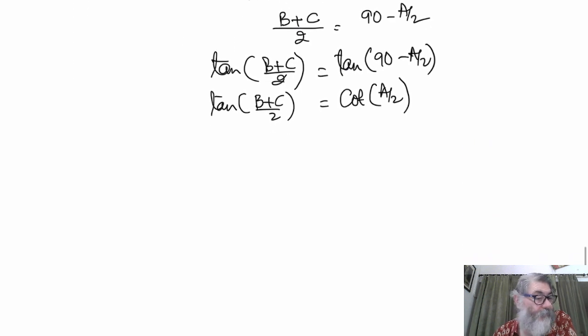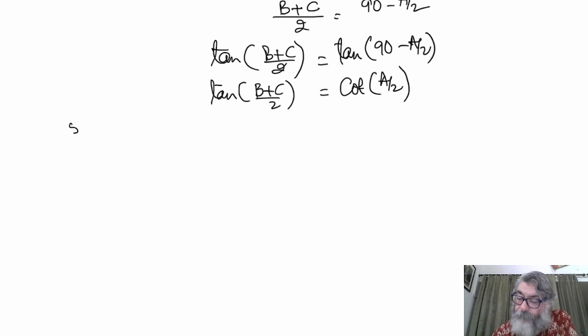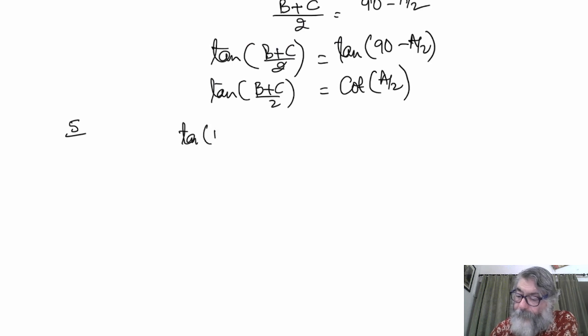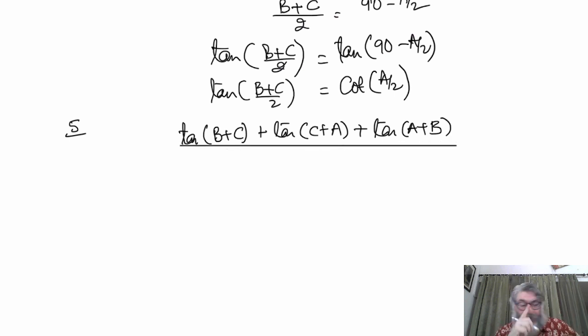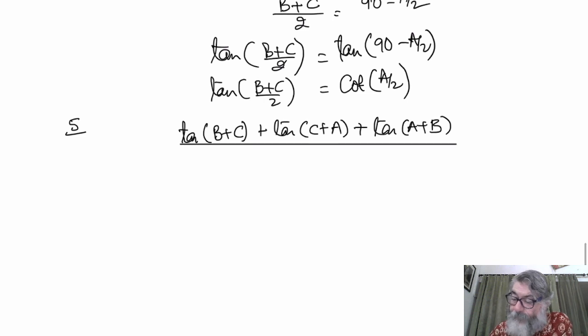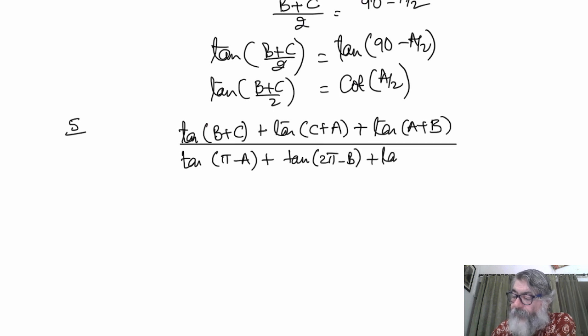Now let's see the next question. He says prove tan(B+C) plus tan(C+A) plus tan(A+B) divided by tan(pi minus A) plus tan(2 pi minus B) plus tan(3 pi minus C) equal to 1.